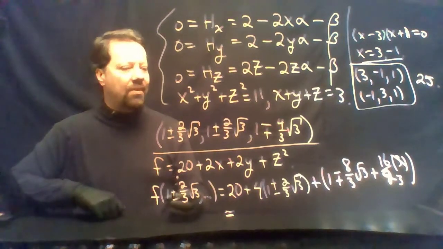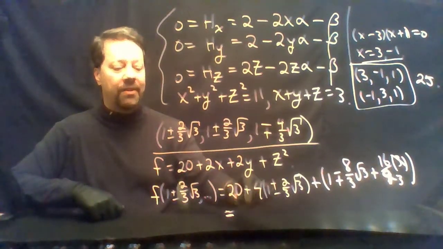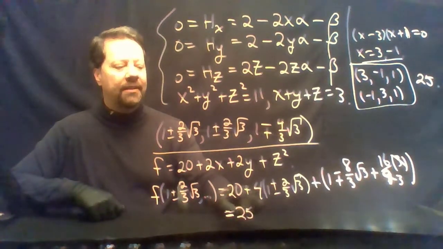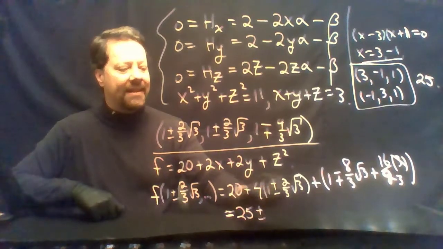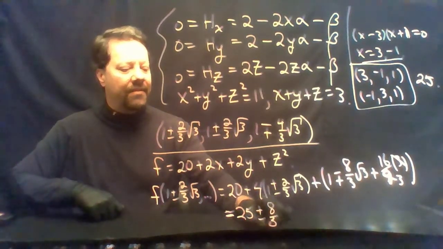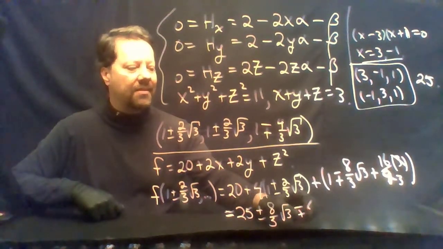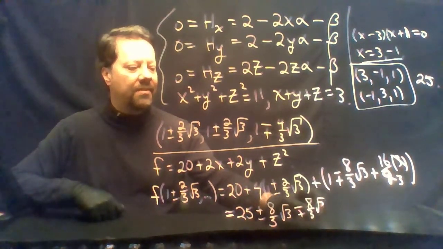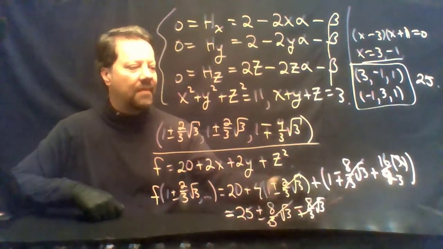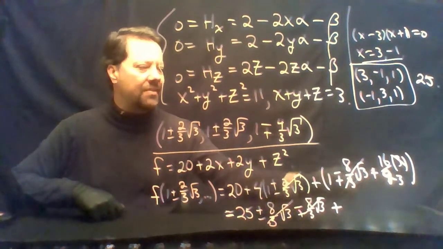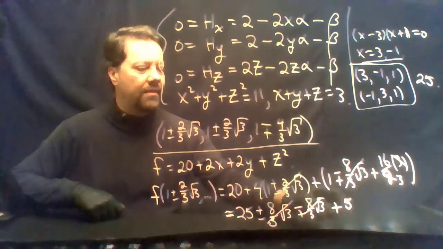So how does this all work out? When we distribute the 4 here and combine this 1 with the 20, we will get 25. Then we'll get plus or minus 8/3 root 3. But we also get a minus or plus 8/3 root 3. So these terms actually cancel. We finally have plus 16/3, which is 5 1/3.